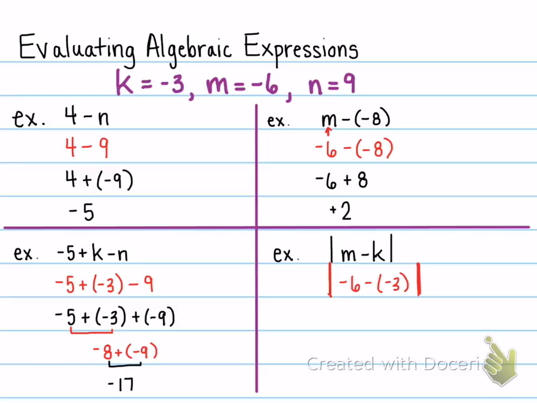Negative 6 minus negative 3 is negative 6 plus positive 3. And again, these are still outside the problem. I'm adding numbers with different signs, so I subtract, and I give the sign that I have more of. I have more negatives. It is still absolute value. And then I take the absolute value of negative 3, which is positive 3.